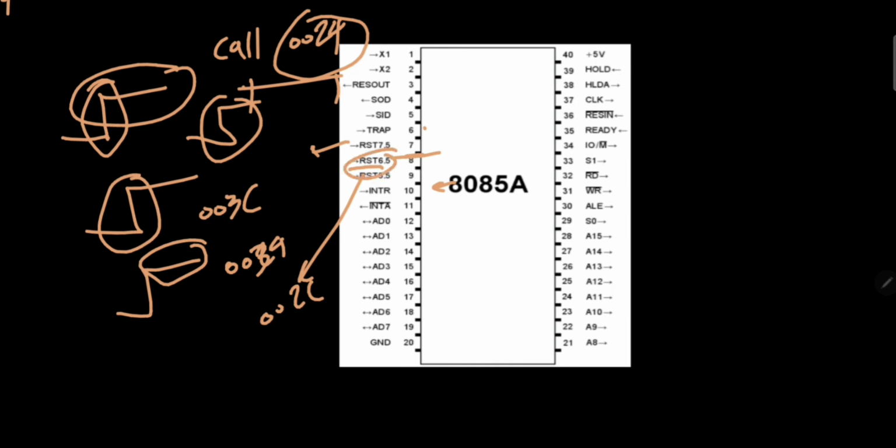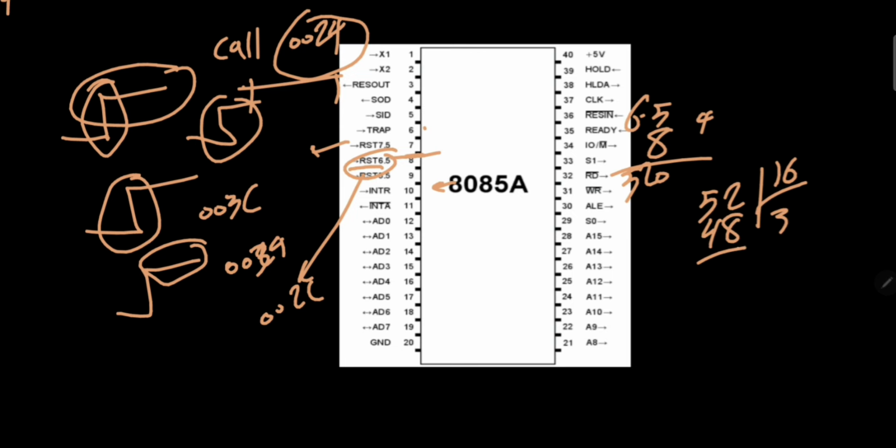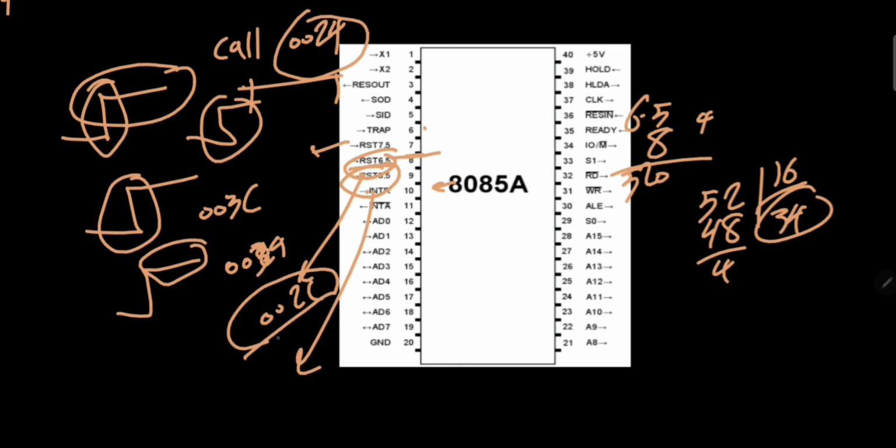Let me make sure of that. 6.5 multiplied by 8: 8 times 5 is 40, 8 times 6 is 48, and this would be 52. 52 divided by 16 would be 3 remainder 4, so 0034 would be the location that the CPU jumps to if this pin goes high. Also, RST 5.5 would obviously jump to the location of 002C.